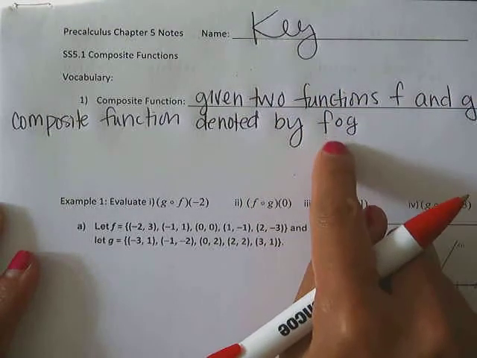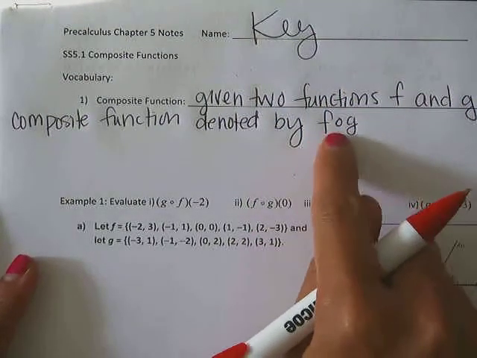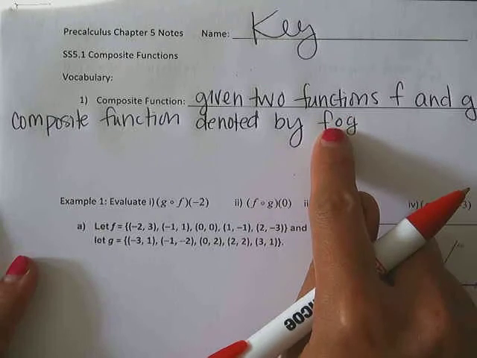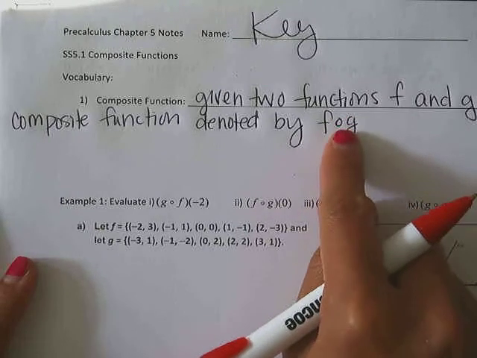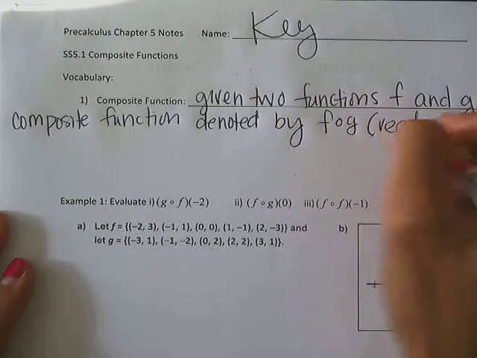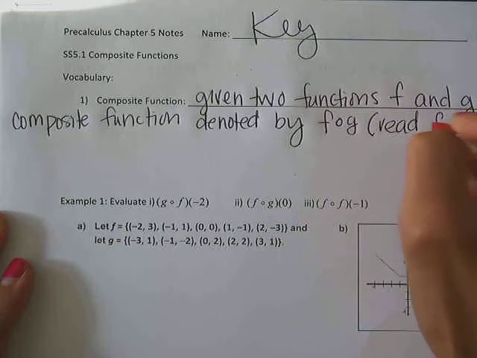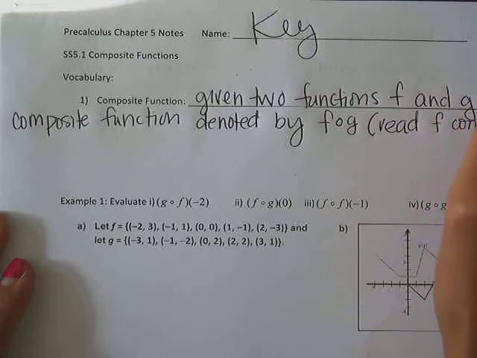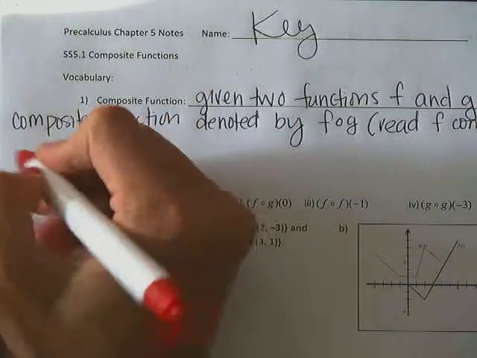It looks like fog, but it's f bubble g. If it's a closed circle, then it's a multiplication, but if it's an open circle, then it's composition. You can read it as f composed with g.